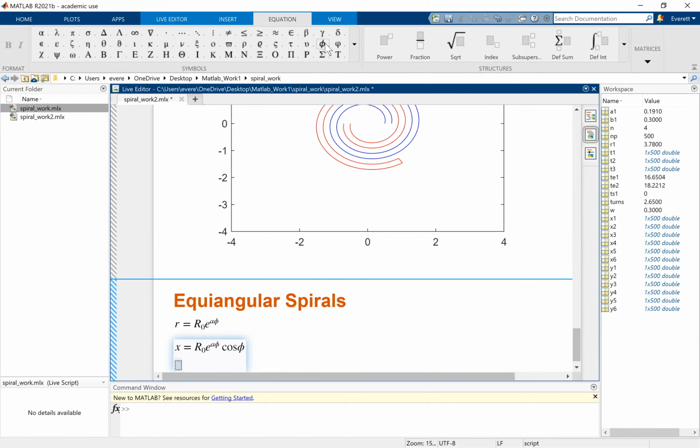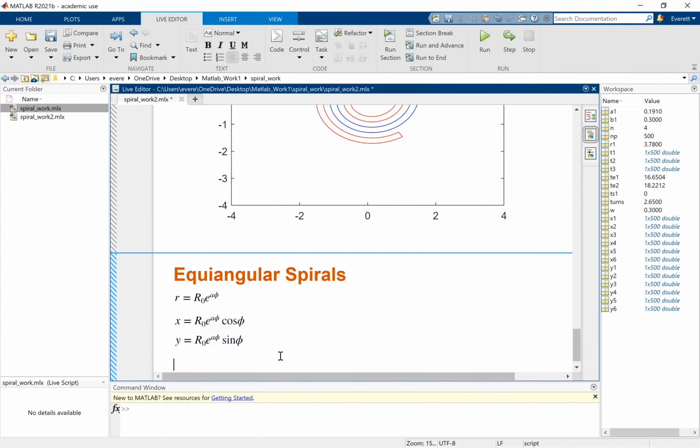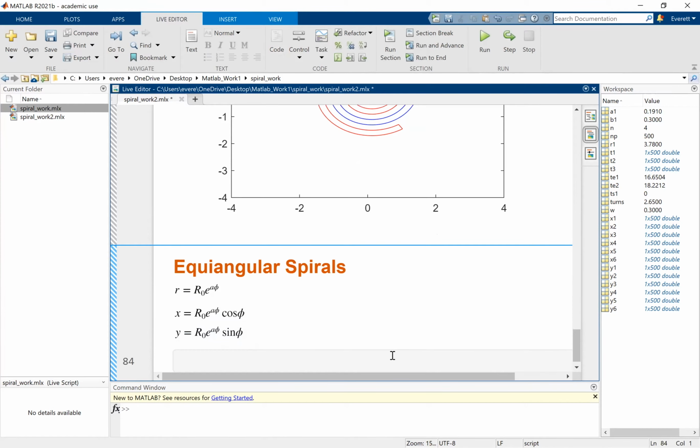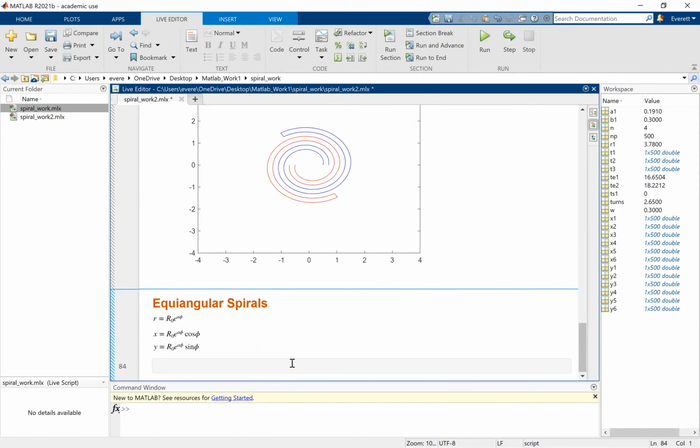And then y equals the same thing, except it's going to be sine of phi. So these are our equations for equiangular spirals. Now let's get into plotting and see what we can do. I'm going to put my header here. This is just good programming practice.